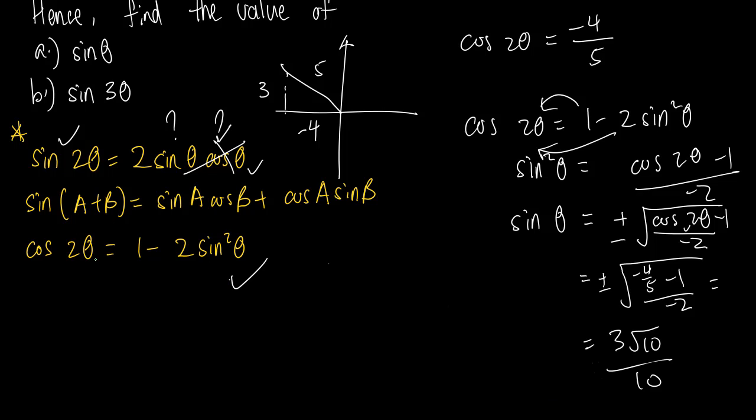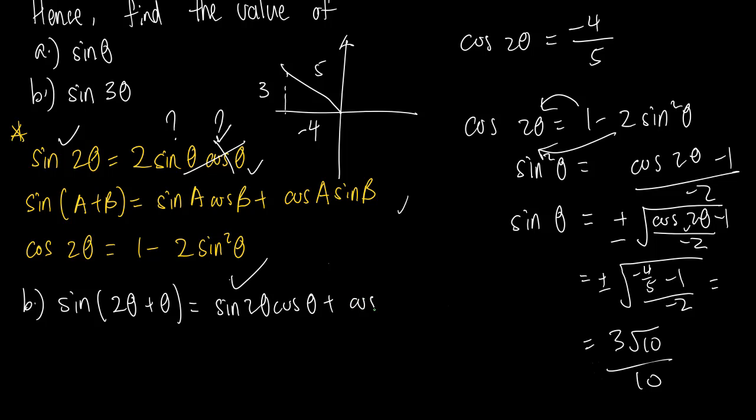Now to solve B, sine 3 theta, what we can do is try to break 3 theta into 2 theta plus theta. So here we can use the formula of compound angle and rewrite the equation as sine 2 theta cosine theta plus cosine 2 theta sine theta.